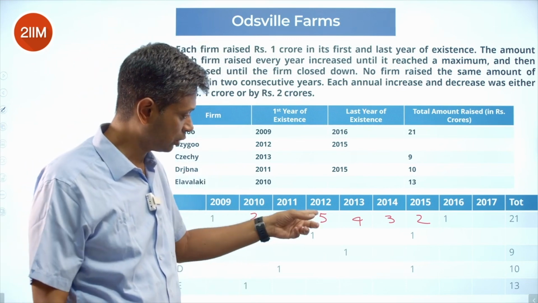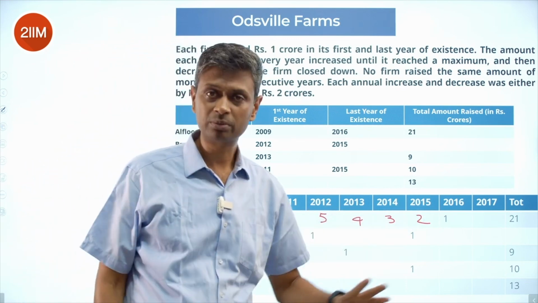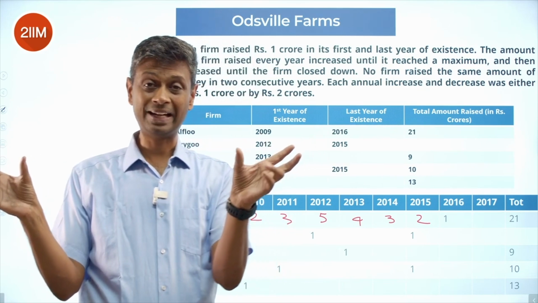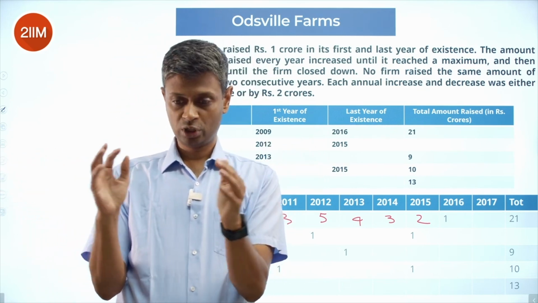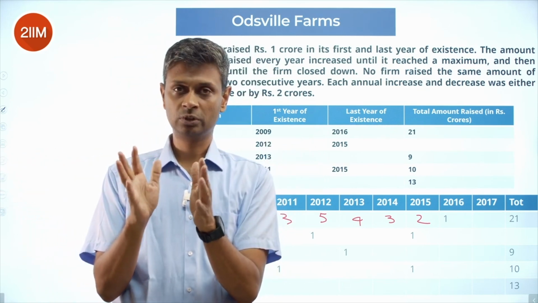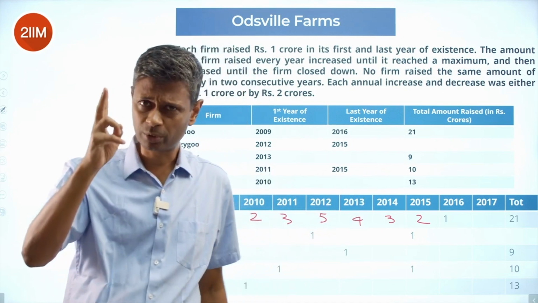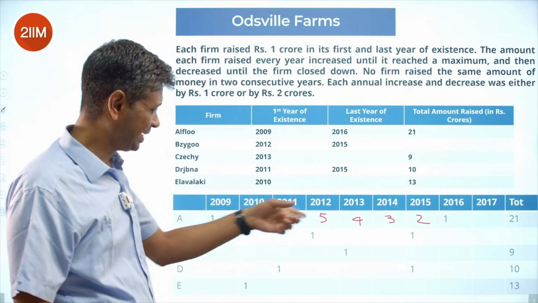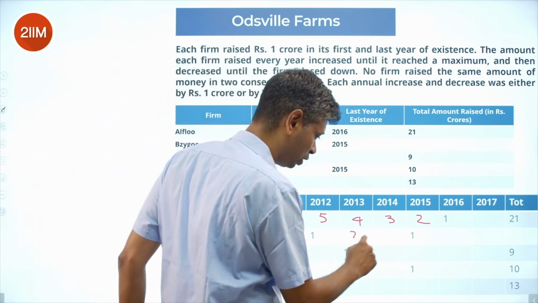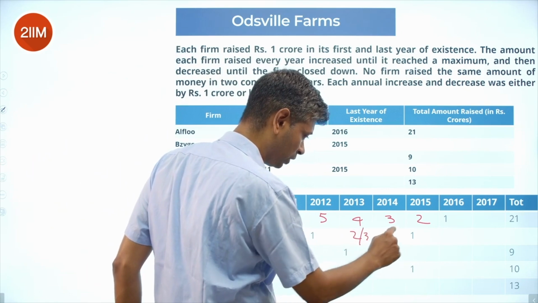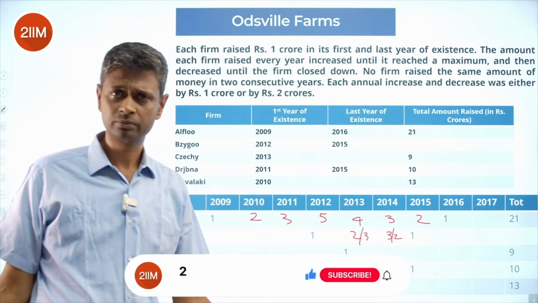Plus 1, plus 2, minus 1, minus 1, minus 1, minus 1. Both work. 1, 2, 3, 1, 2, 3, adding up to 6 plus 6, 12. The middle 2 years have to be 9. The total is 21. It could be 4, 5 or 5, 4. Only 2 possibilities. This one, it's either 1, 2, 3, 1 or 1, 3, 2, 1. One of the two.